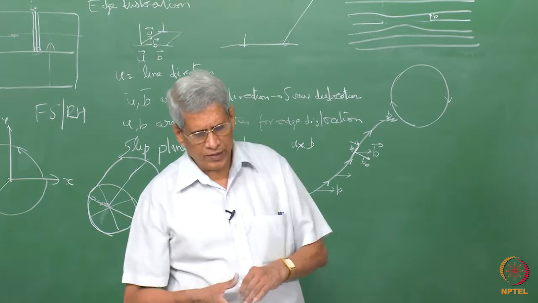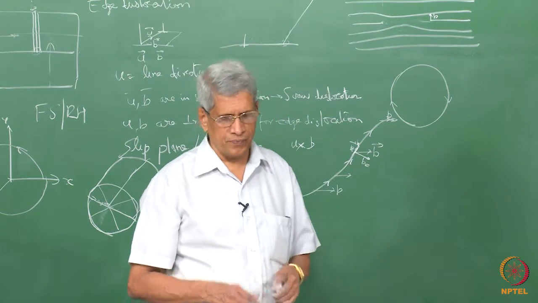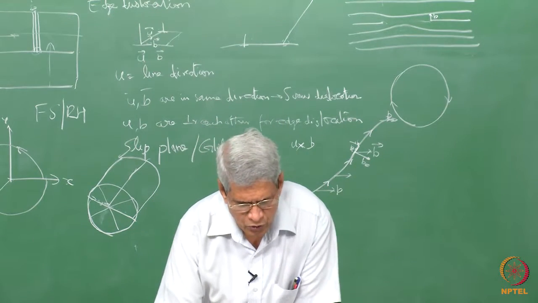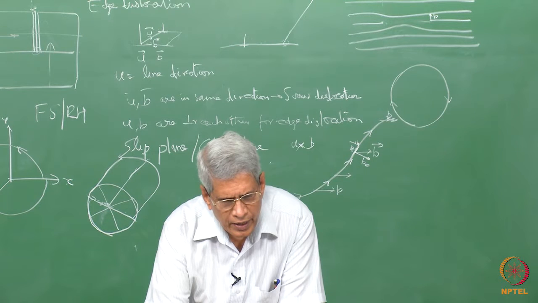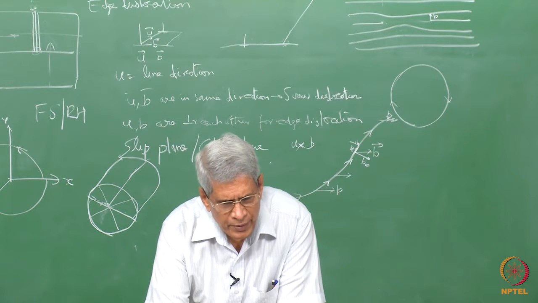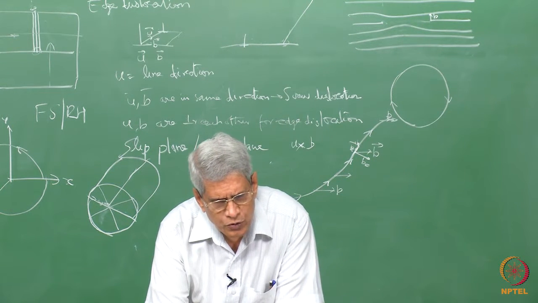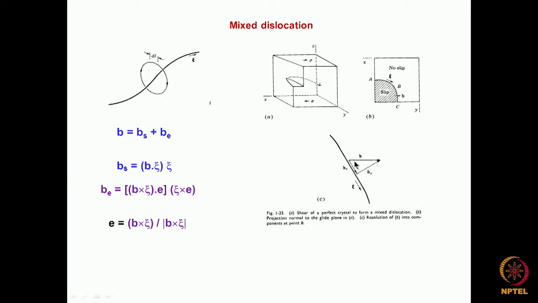How are these dislocations defined? That is what essentially is being shown here, because in this figure, psi is used to define the line direction and the Burgers vector, this is the component of the Burgers vector in the line direction, this is the one which is perpendicular to it. These can be written in terms of the angle theta between the line direction and the Burgers vector.